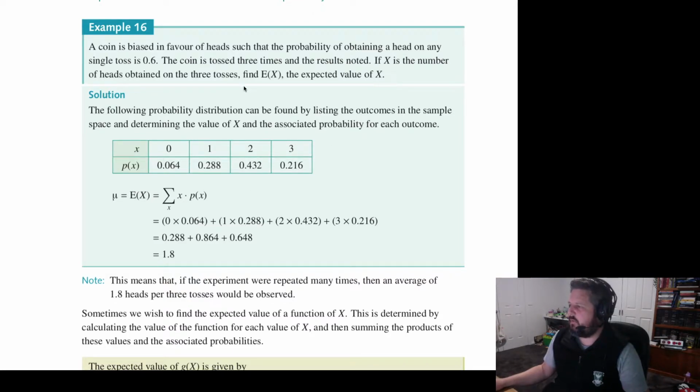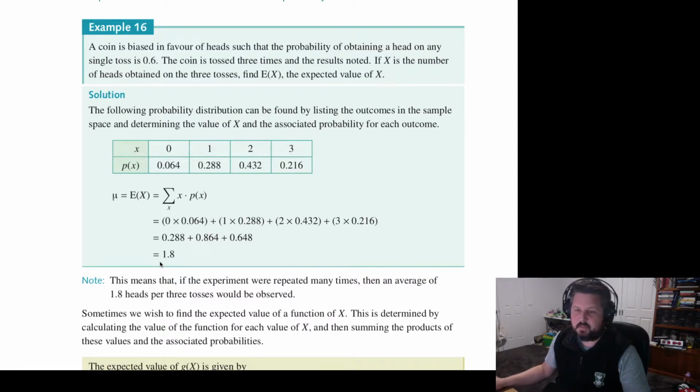To go ahead and find the expected value of x, or mu, or the mean, it's all the same thing. What we need to do is use the formula from before, where we multiply each of these and add them together, so sum them together. You can see here they're doing 0 multiplied by this, plus 1 times this, plus 2 times this, plus 3 times this, adding them together.